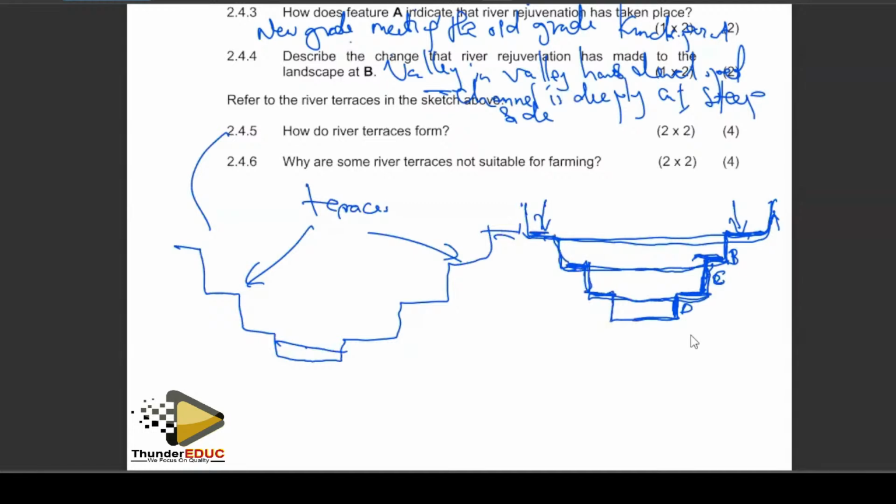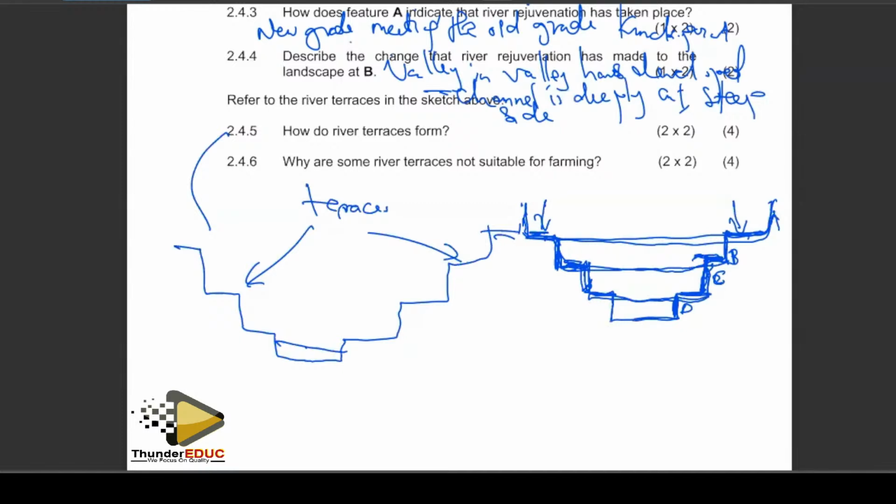At the end, the river will have stepped sides, which we call the terraces. Because of cycles of rejuvenation, the river will develop a new valley within an old valley, leading to formation of the terraces. So basically, that's the concept. I'm trying to give you a concept and you figure out how you can express it.